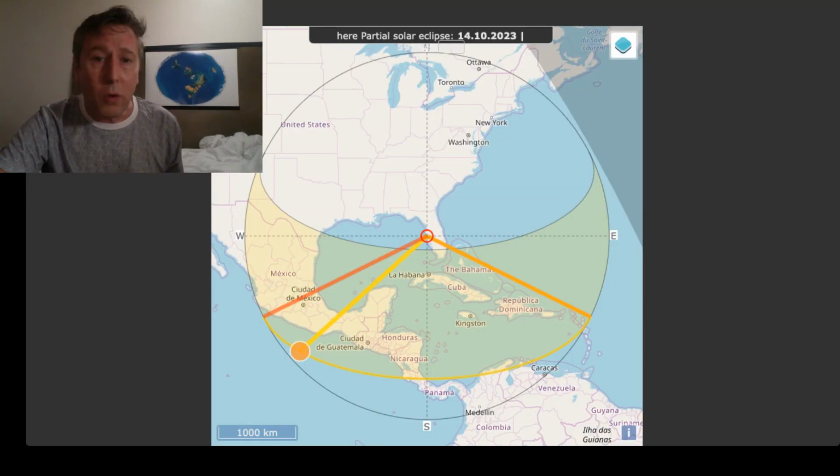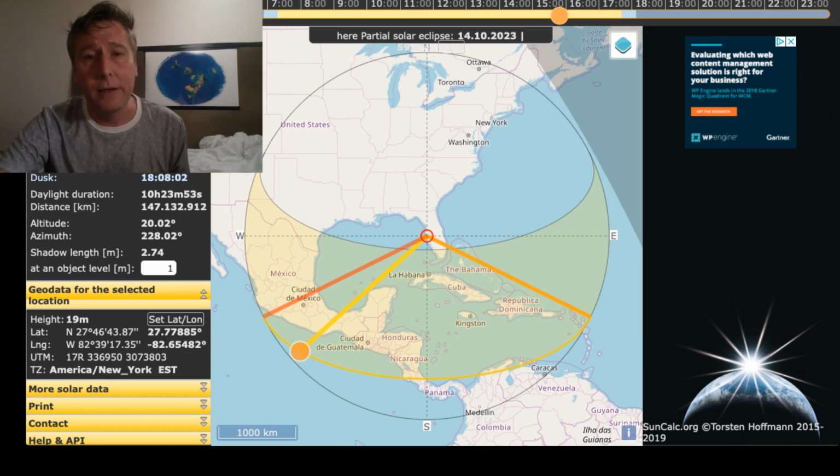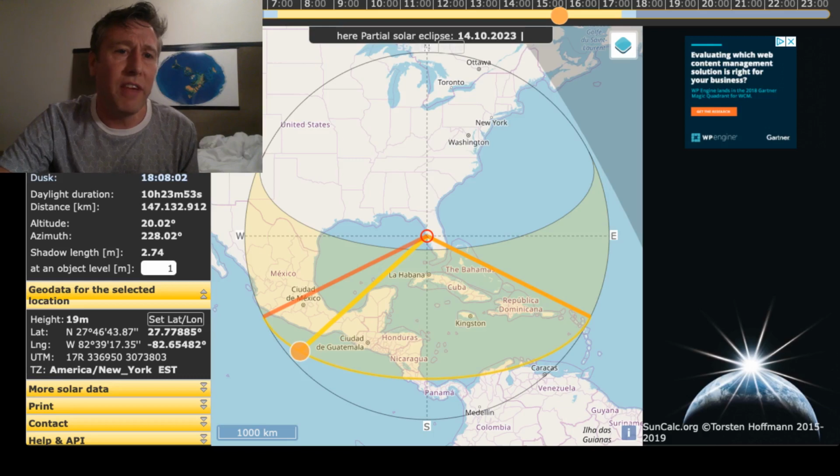If only there were apps and things like that you could use, you know, websites. Oh, there is, look, SunCalc. So what do I have here? I have the 25th of December, St. Petersburg, Florida, you see? Okay. Can you see how, well, let's go to sunrise.